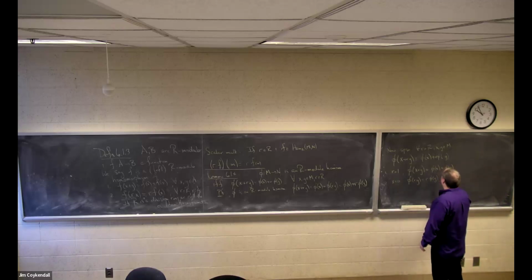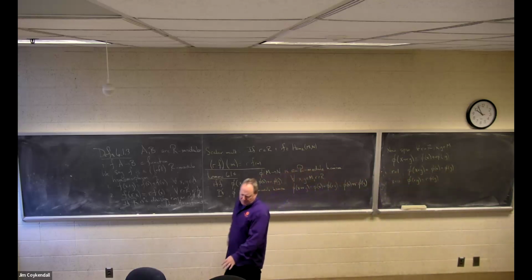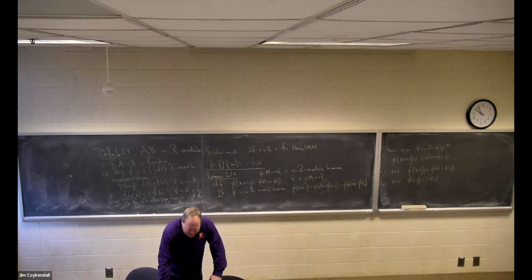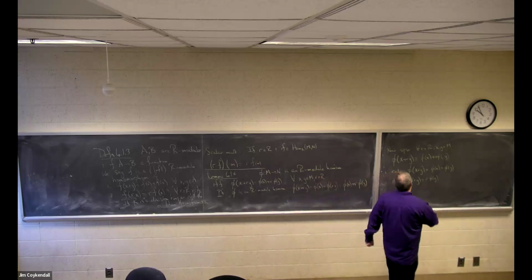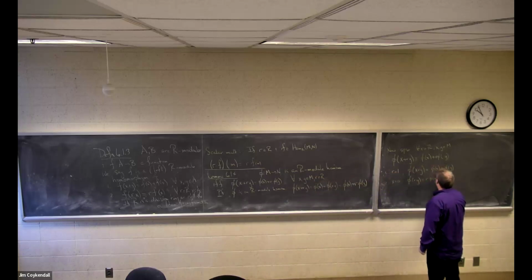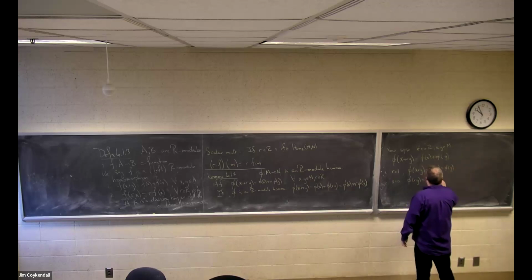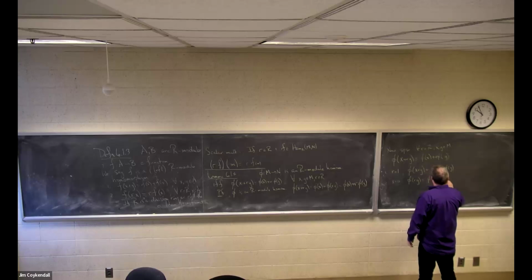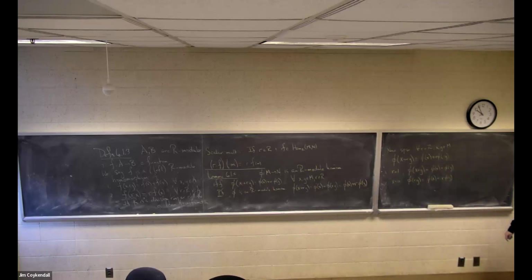Well, let me be sure. If x equals zero, then I have phi of ry is. So far, right? But why does phi of 0 have to be zero?